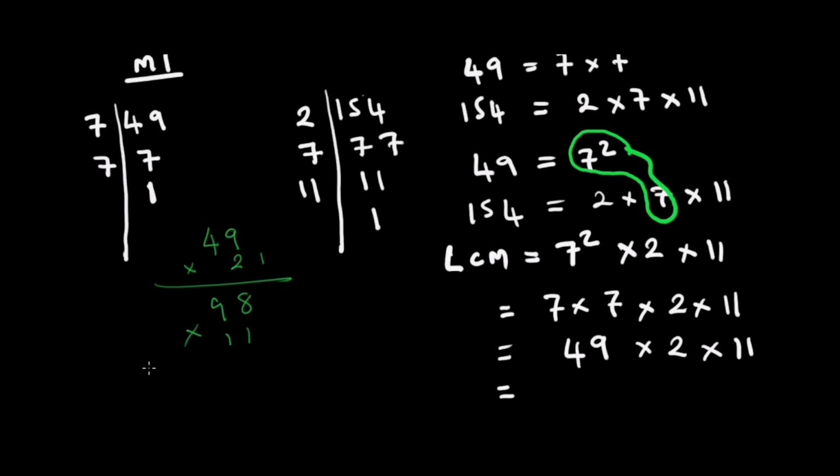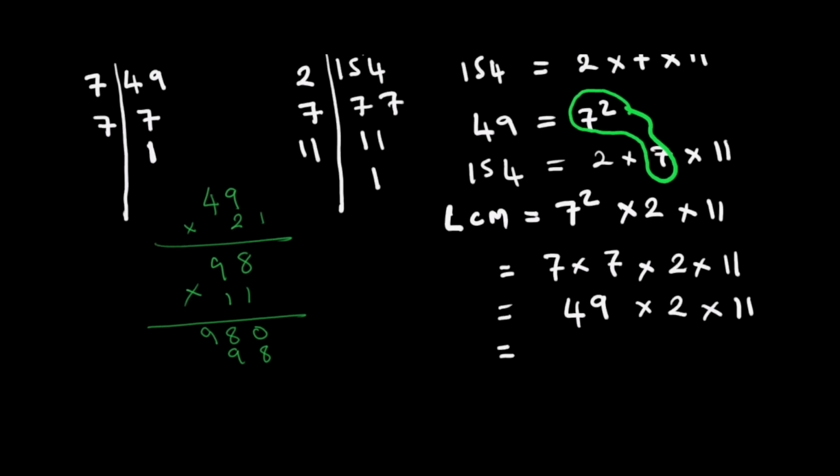Times 11, we put a placeholder 0. 1 times 8 is 8. 1 times 9 is 9. Then the next row: 1 times 8 is 8, and 1 times 9 is 9. But now we need to add. Bring down 0, then 8. 8 plus 9 is 17, carry 1. Then 9 plus 1 is 10. This means our final answer is going to be 1078.